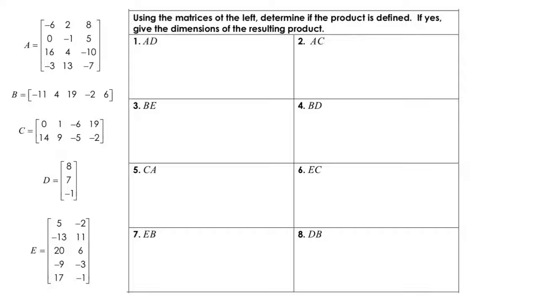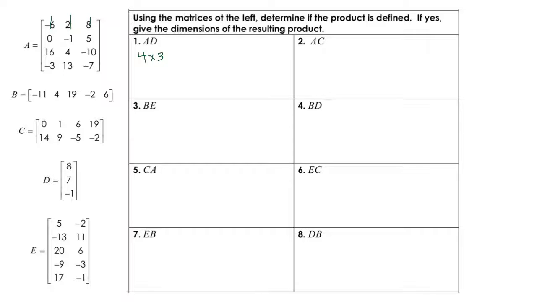All right, so on our examples here, they want us to tell whether or not we can multiply these matrices, and then if we can, we need to tell what the resulting dimensions would be. For this first one, matrix A has 4 rows and how many columns? 1, 2, 3 columns.